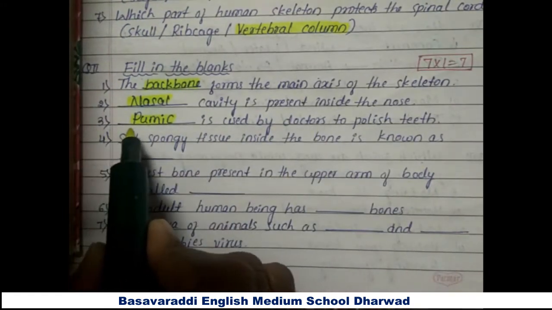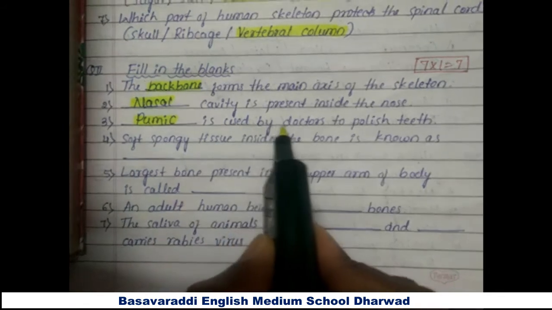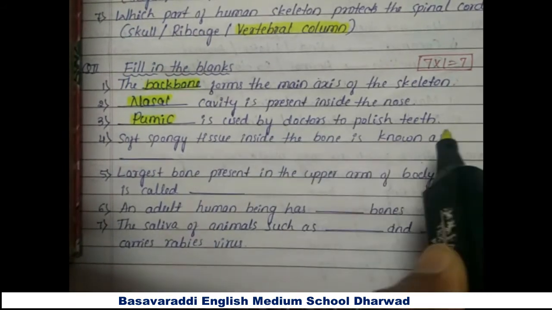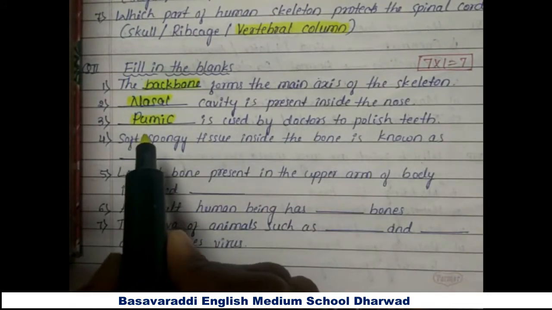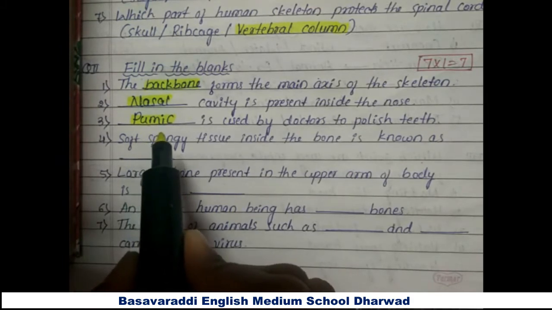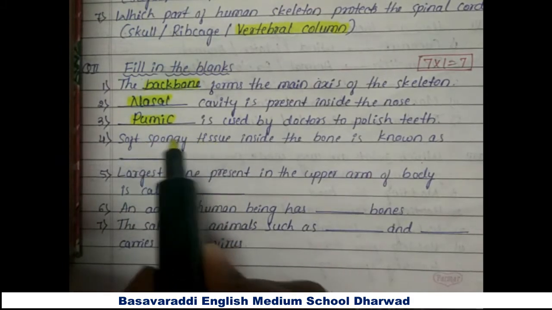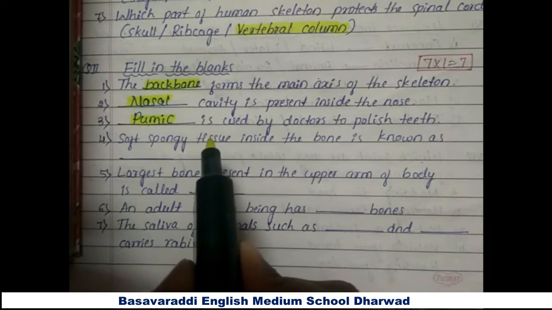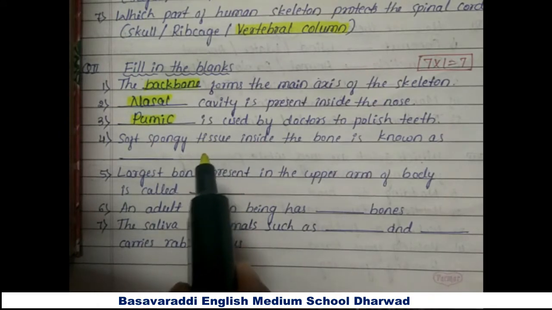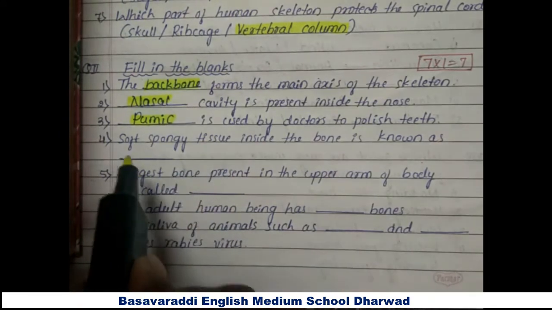Third one, pumice is used by doctors to polish teeth. What is pumice? Pumice is produced in volcanic eruptions. It is also used in the bath to remove dry skin from your feet.